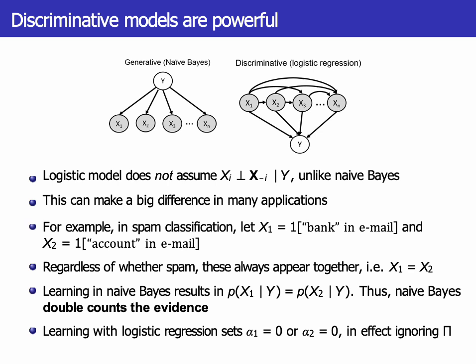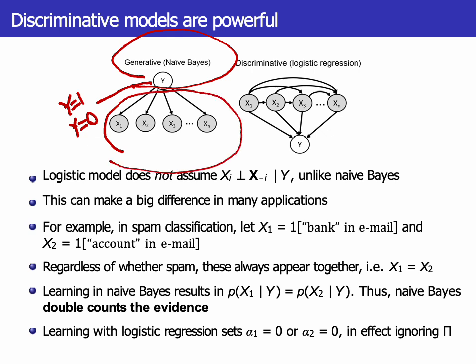And actually, for classification, the discriminative model is very powerful. With generative models, you give y equal 1 or y equal 0 and you generate a vector x, maybe an image.